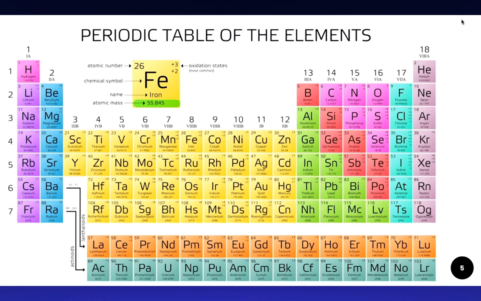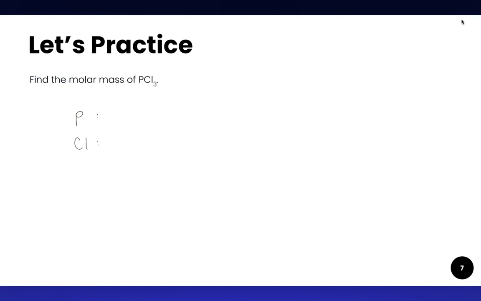So this is going to be 31, and this one's going to be 35.5. 31 grams per mole, sorry, 31.0, and 35.5 grams per mole.